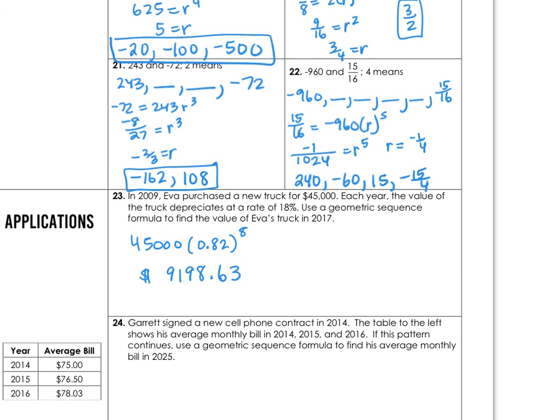And then 24, Garrett signed a new cell phone contract in 2014. Table to the left shows the average monthly bill in those 3 years. If this pattern continues, use a geometric sequence formula to find his average monthly bill in 2025. Okay, so what are they multiplying by each time? Well, to find out, you have to say 76.50 divided by 75. Well, that's 1.02. Okay, so it's going up by that.